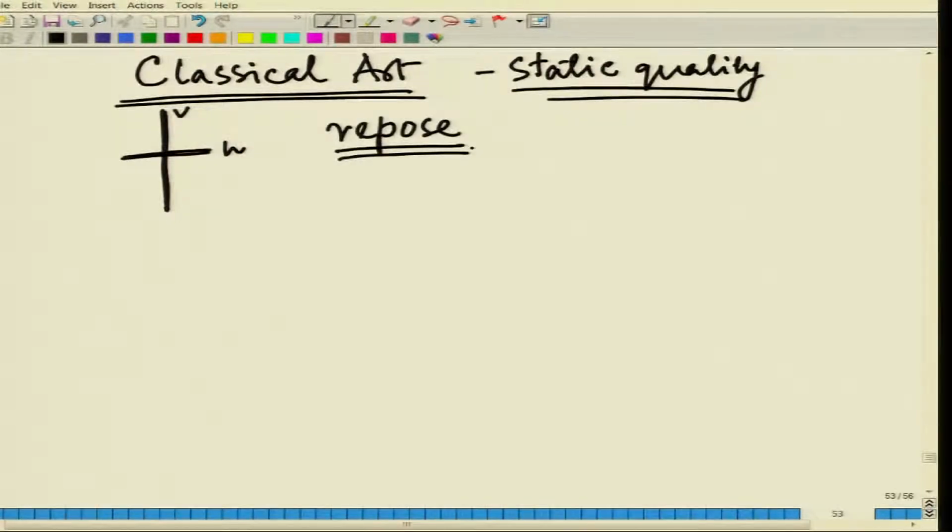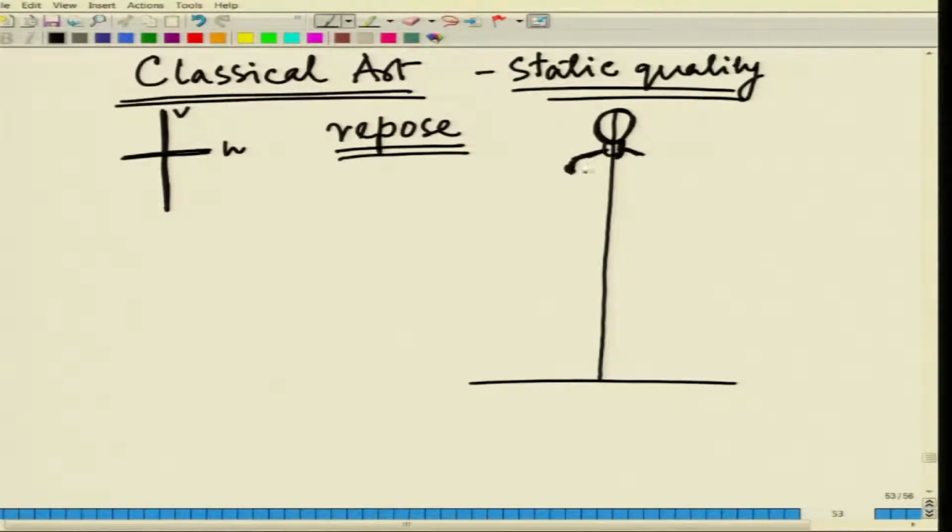So, a classical sculpture or a classical drawing will have certain elements that will put it in a stable manner. So, if this is the vertical formation and it also has a horizontal formation, a dynamic form will also come in a static formation.